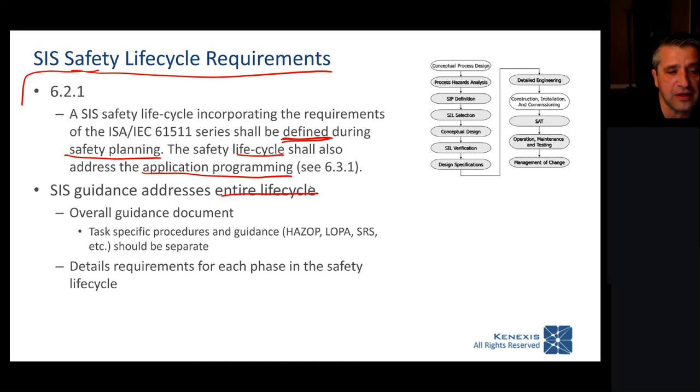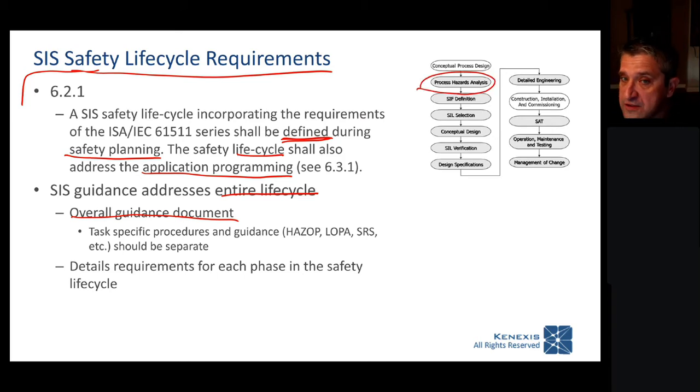And again, the best way to do this is to have an overall guidance document. But then you don't want your document to be too huge, especially when there are special areas that are considered during the safety life cycle. So during the safety life cycle, for instance, you might need to do a hazard and risk analysis that is going to tell you what safety functions you should be considering.